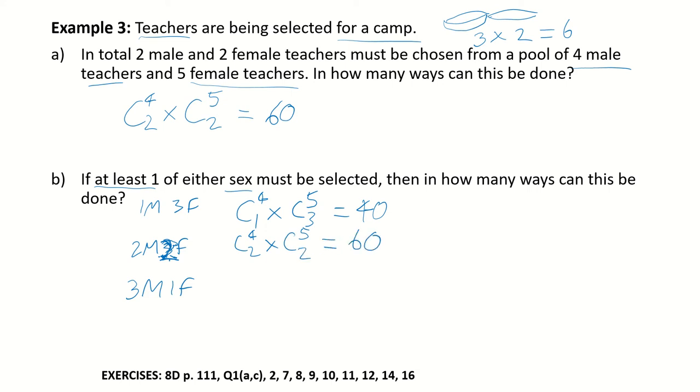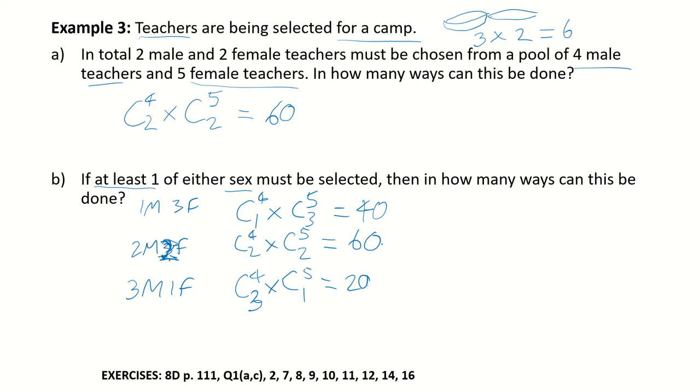And then finally, 3 males. So from our group of 4 males, we want 3, and from our group of 5 females, we only want 1. So 4 choose 3, and then 5 choose 1. So there's only 20 ways to do that, and then we would add them together.